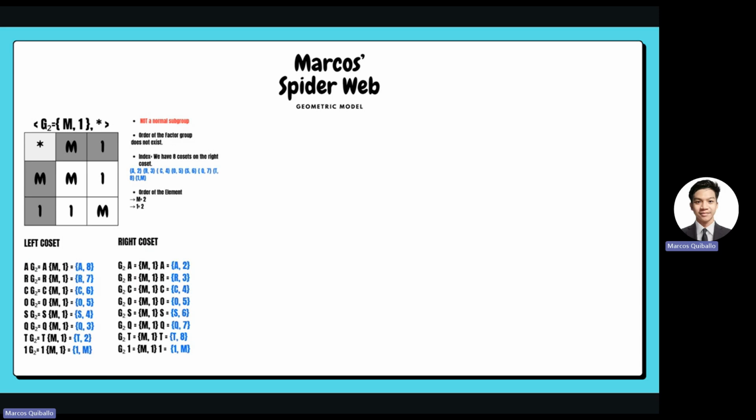In identifying the index, as you can see, we have 8 cosets on the right part; the index is defined as the number of cosets in the right coset, which are the set of A and 2, the set of R and 3, the set of C and 4, the set of O and 5, the set of S and 6, the set of Q and 7, the set of 7 and 8, and lastly, the set containing the elements 1 and M. When you count the number of right cosets, it is equal to 8.